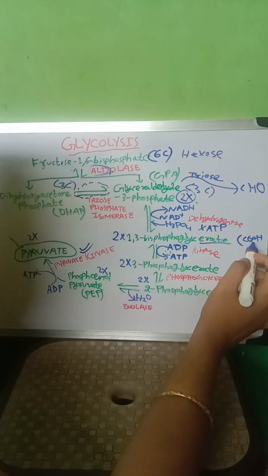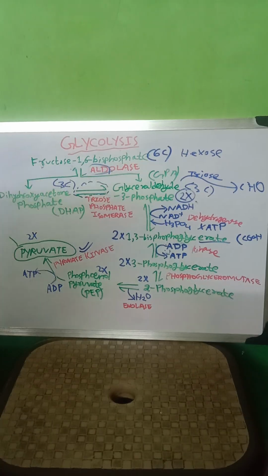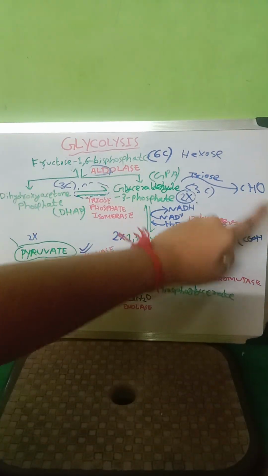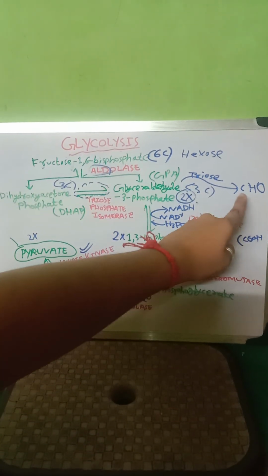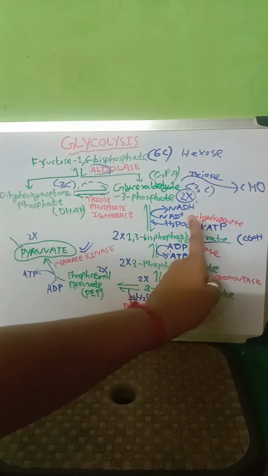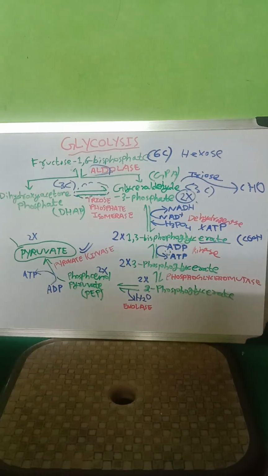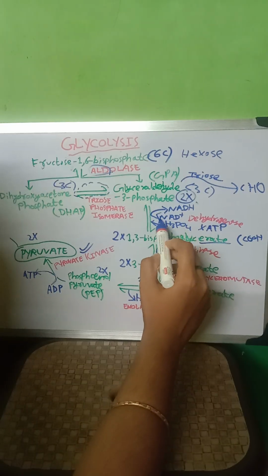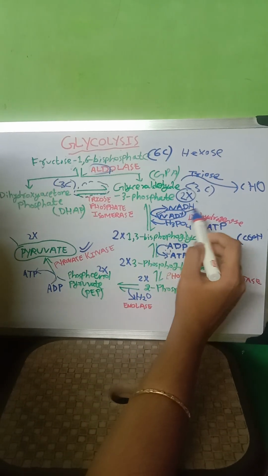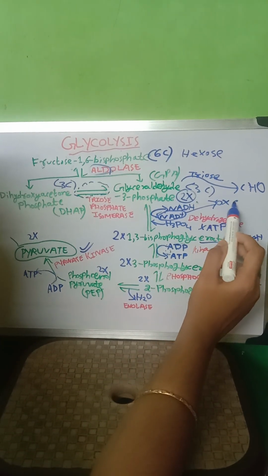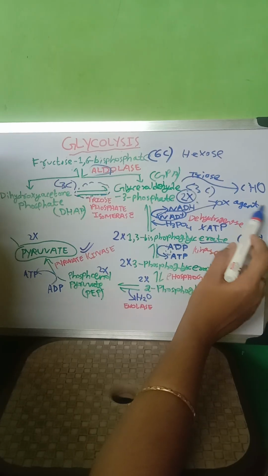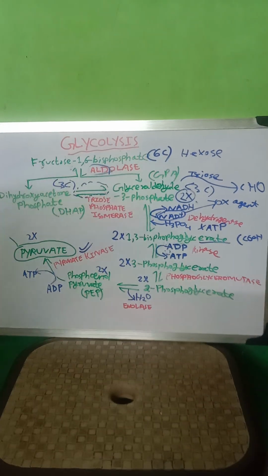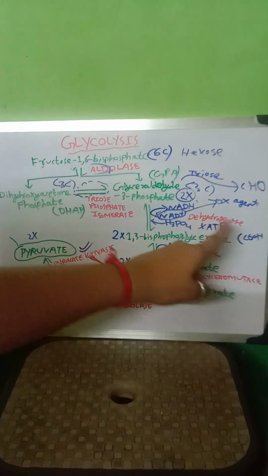So you can see this has more oxygen, which means this is getting oxidized to this, dehydrogenated to this, which means we require a dehydrogenase enzyme. For that, we are using NAD+. It is an oxidizing agent, but it is not oxygen, which is why the enzyme name is dehydrogenase.